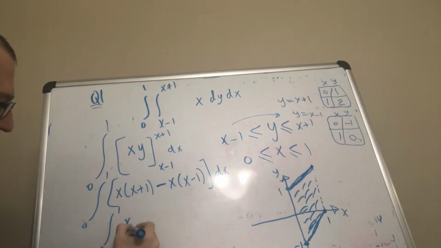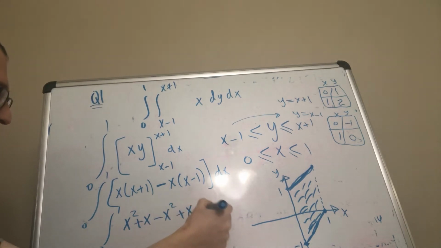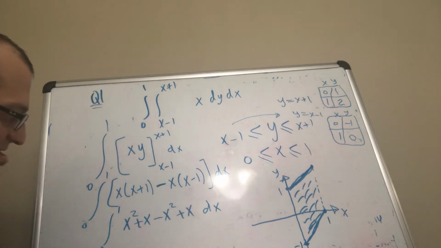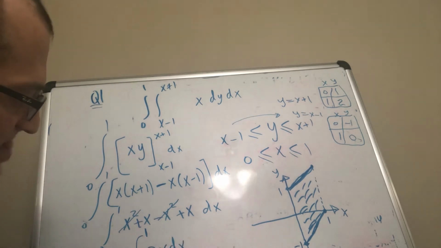Take this inside: x squared plus x minus x squared plus x, dx. The x squared terms cancel, so you're integrating from 0 to 1 of 2x.